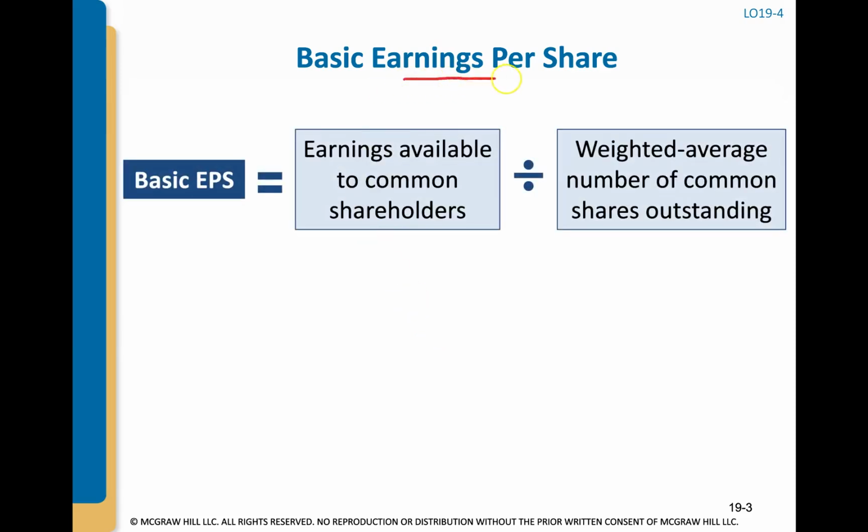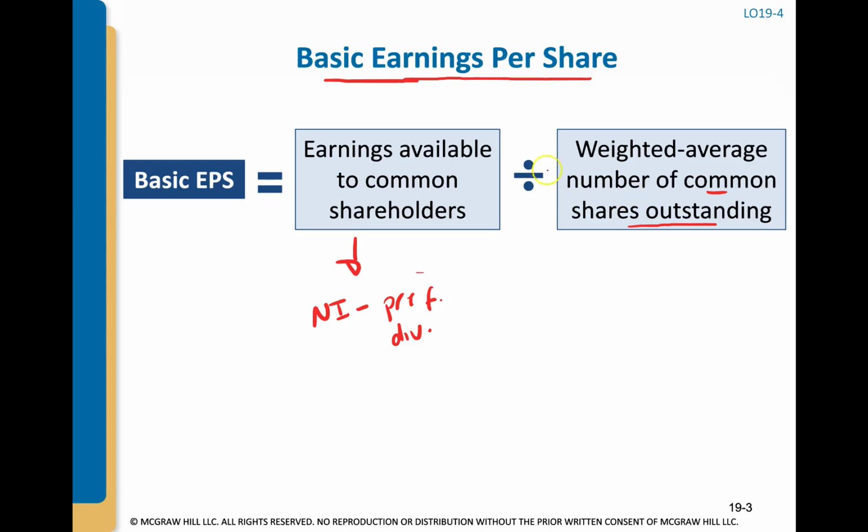Because when we're talking about earnings per share, there's two different kinds. There's the basic earnings per share, which is earnings available to common shareholders, which in turn really means net income minus any dividends paid to preferred shareholders or dividends owed to preferred shareholders, divided by the weighted average number of common shares outstanding.